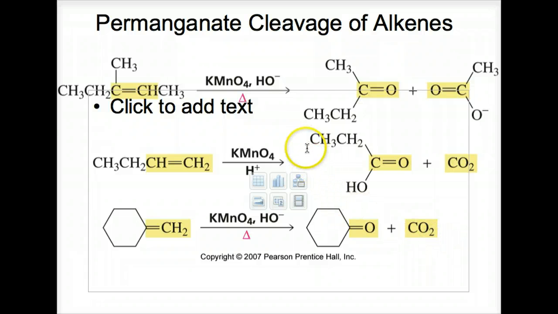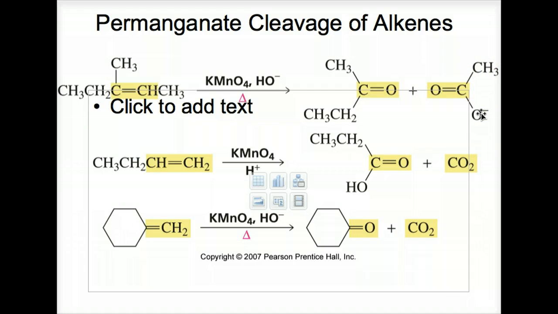So here are 3 different examples of what we're talking about. If the reaction is carried out under basic conditions, as in the top reaction, any carboxylic acid product will be in its basic form. Notice right here, this is the basic form.